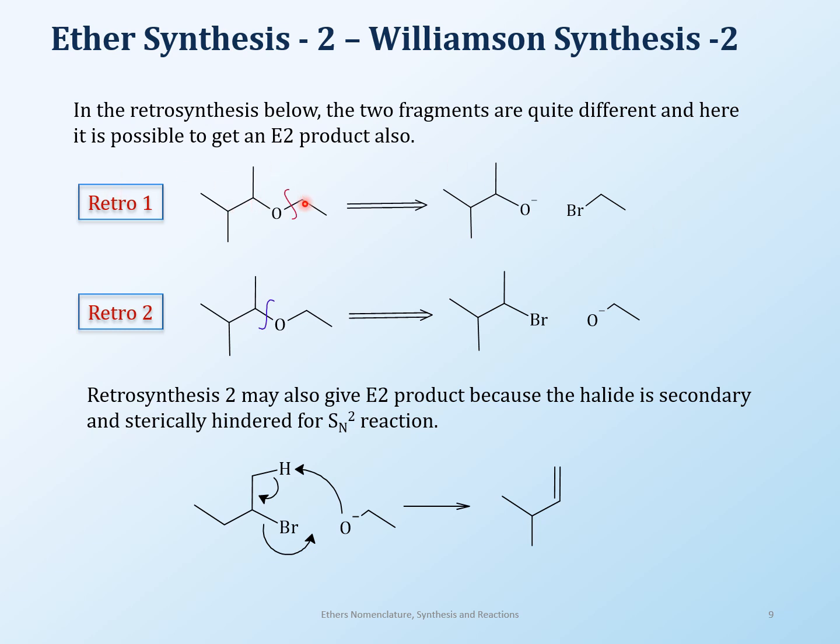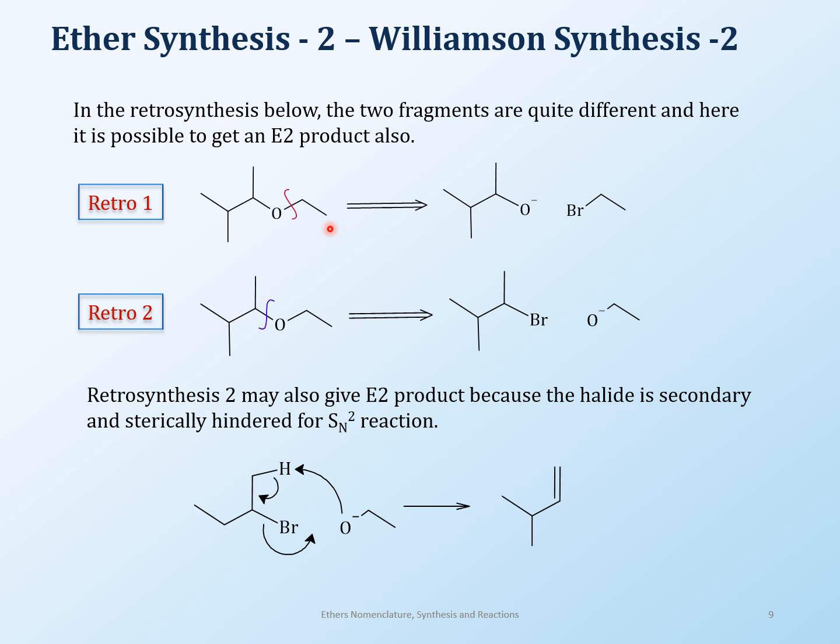Let's look at this kind of ether where you have different kinds of groups on both sides and it's a little bit crowded. This ether you can again cleave on either side of the oxygen, and unless something is symmetrical, you have two options. For a symmetrical ether, only one cleavage is enough.